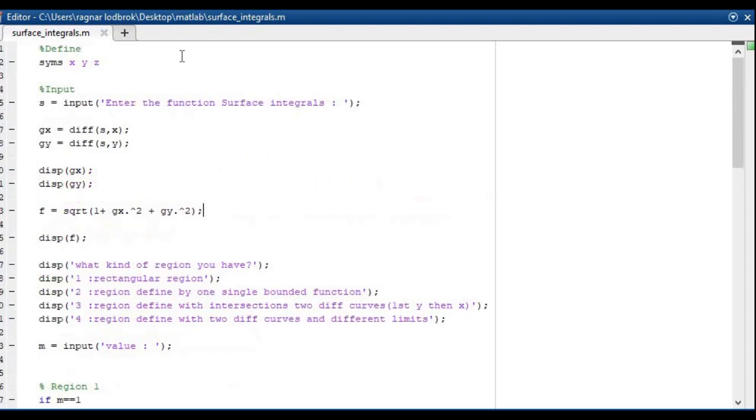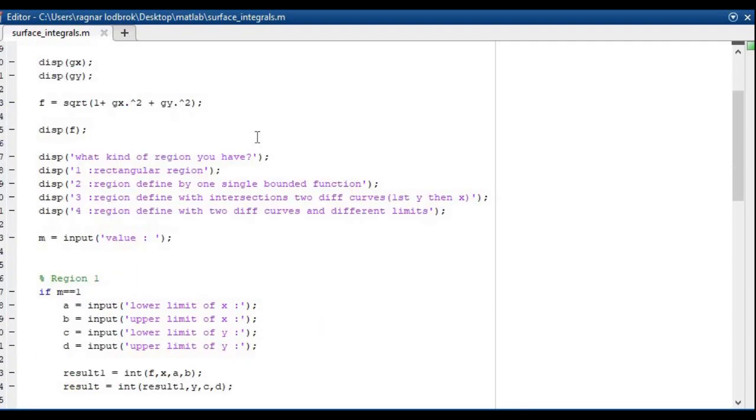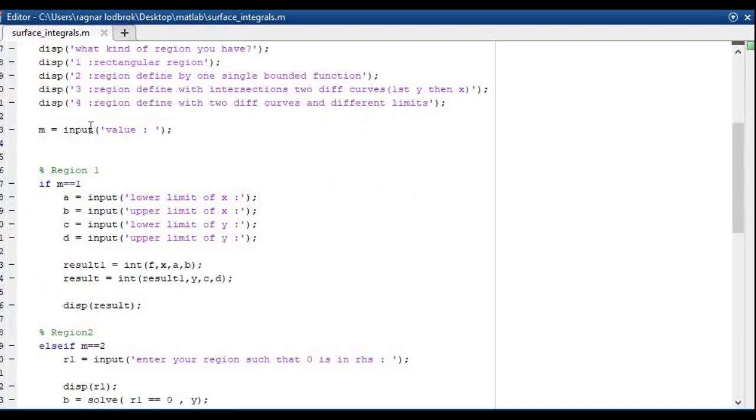So the region here, I have added one more region which I had forgotten to add in the double integration one, where your region is defined by two different curves and two different limits. The curves are obviously not intersecting each other at two different points, but they are defined by two different limits.